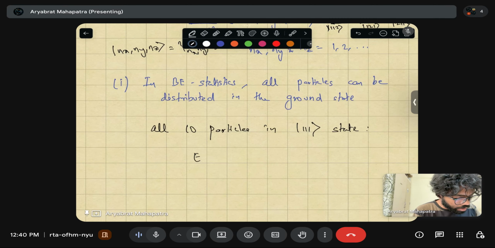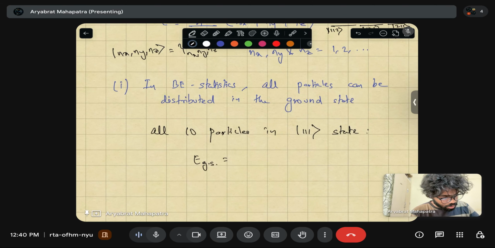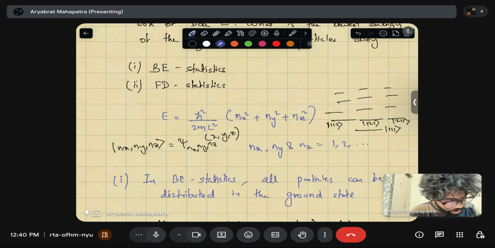First of all, you can write your ground state energy, or basically your lowest level energy, as E111. Let me denote this also as E, Nx, Ny, and Nz.